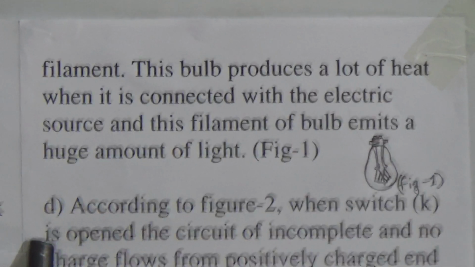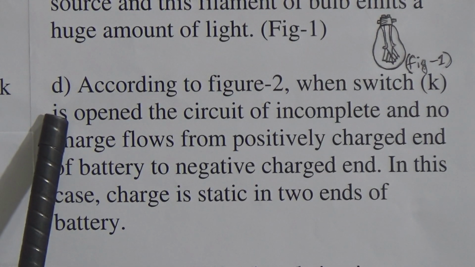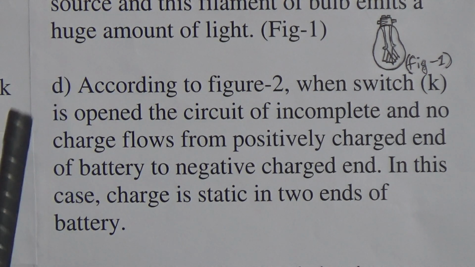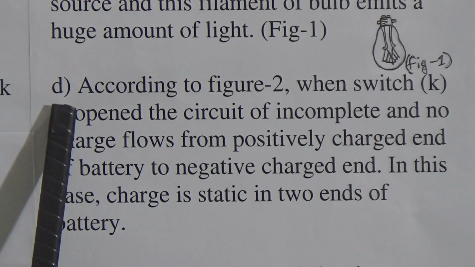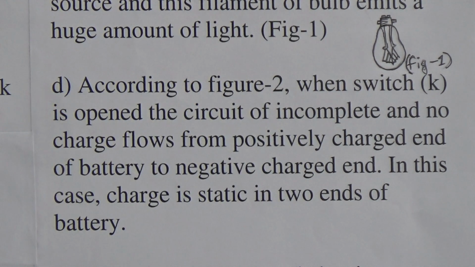And D number. Now D number question was, there are two types of electricity in the second figure. Analyze it by mentioning the areas. Our answer is, D number answer is according to figure 2. That means this figure.